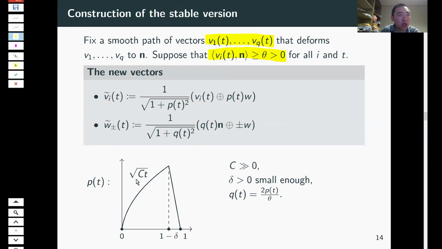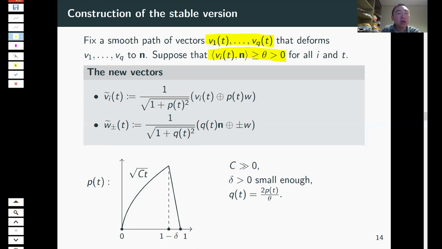Now, for the function p of t, we define it by the following picture. First, from 0 to 1 minus delta, where delta is a very small number, it is the function square root of c t, where c is a very large number. Then we arrive at 1 minus delta, and from 1 minus delta to 1, we just do a linear path.